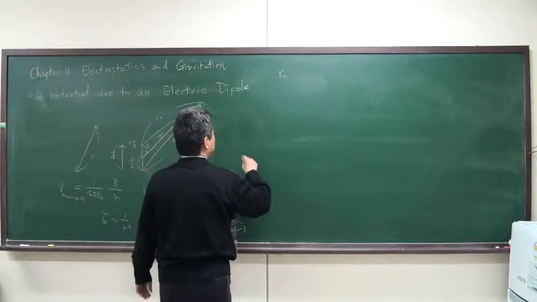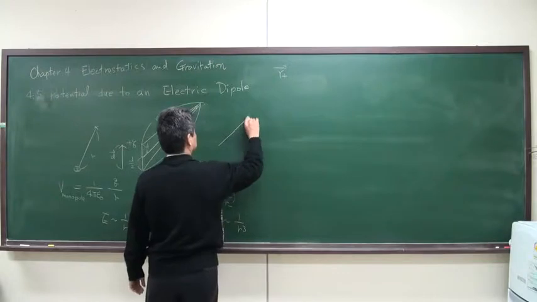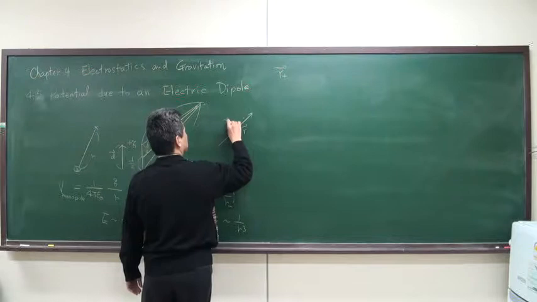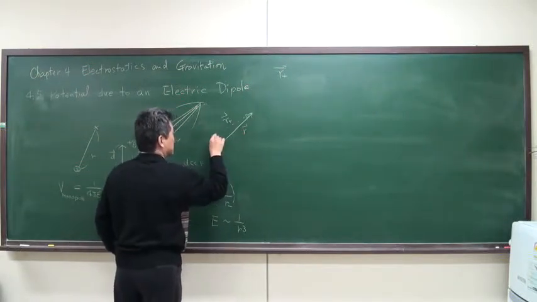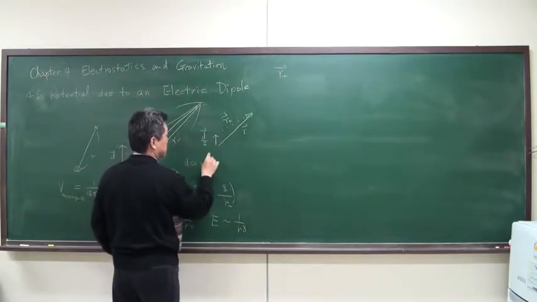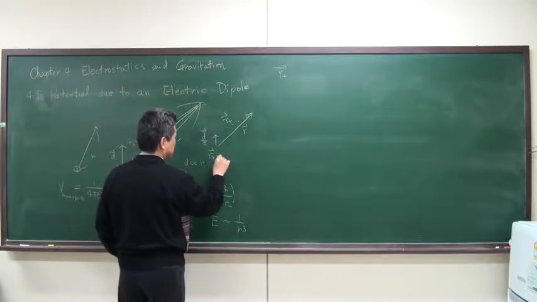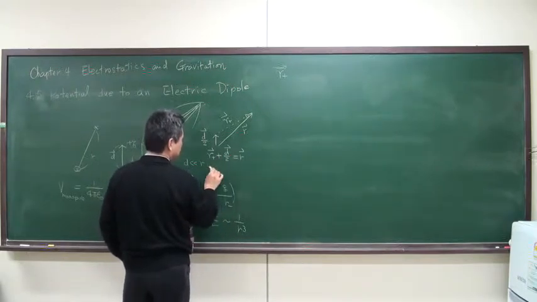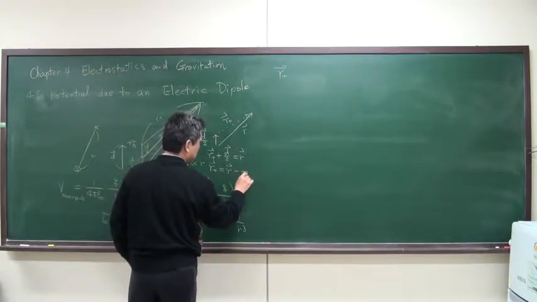So r plus vector is, this is r, and this is r plus vector. So this is 1/2 of distance. So we find that r plus 1/2 d equals r, or r plus vector equals r minus half of d.